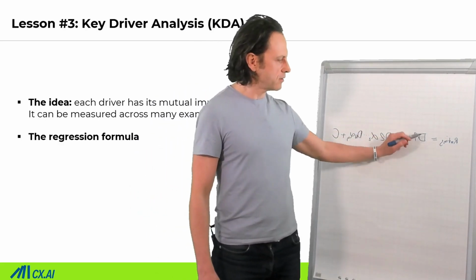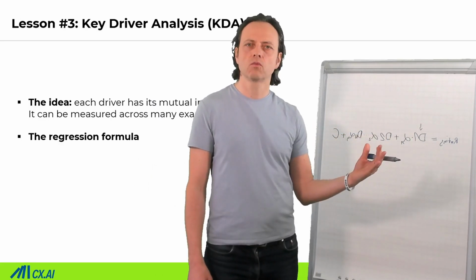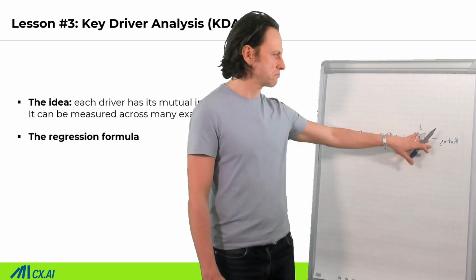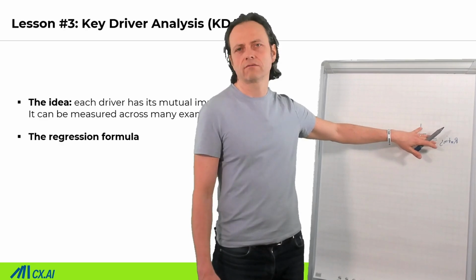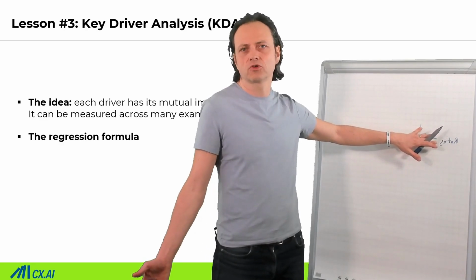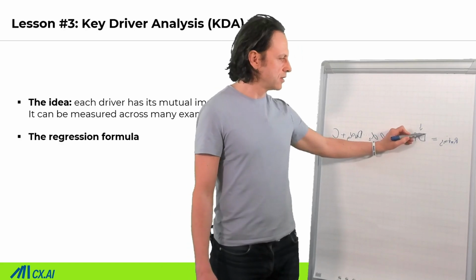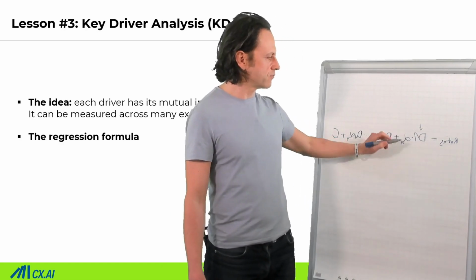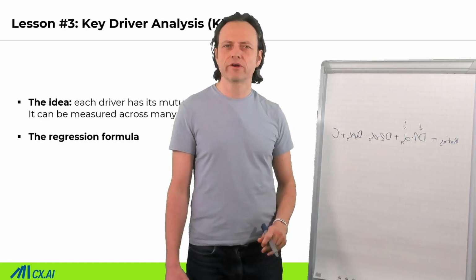For these variables, these are what the different respondents say. For instance, when D1 is quality, it's based on whether or not they stated good quality, or the sentiment or whatever. This is what the customer is saying, and alpha is a parameter.